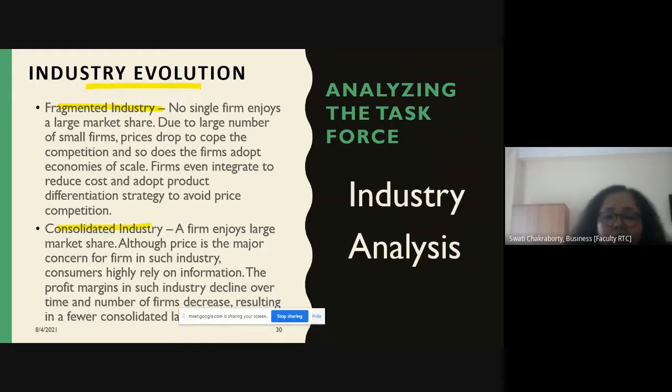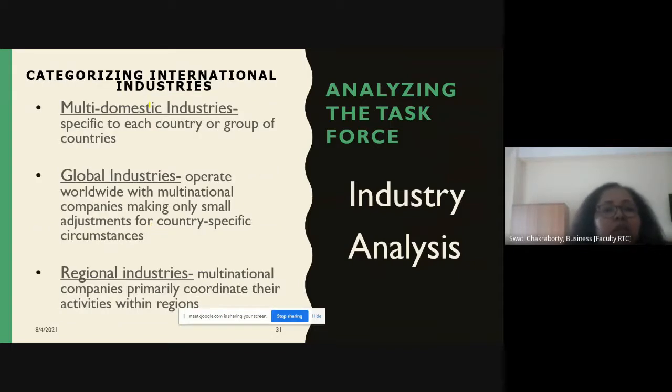Right? Okay, so categorizing the international industries, there are different types. One is multi-domestic industries, which are specific to each country or group of countries. Global industries operate worldwide with multinational companies, making only small adjustments for country-specific circumstances.